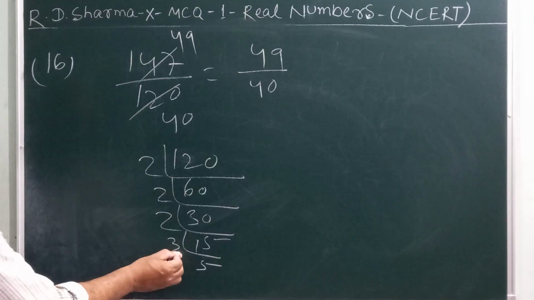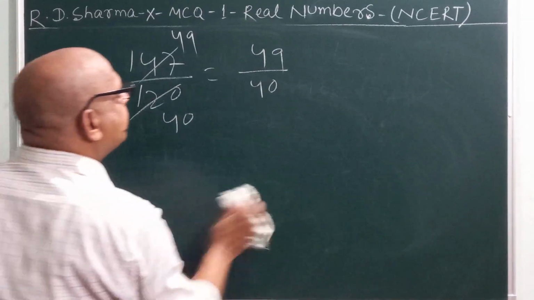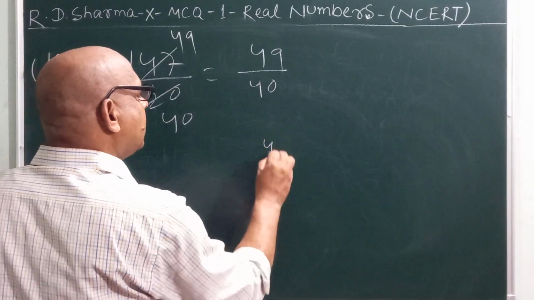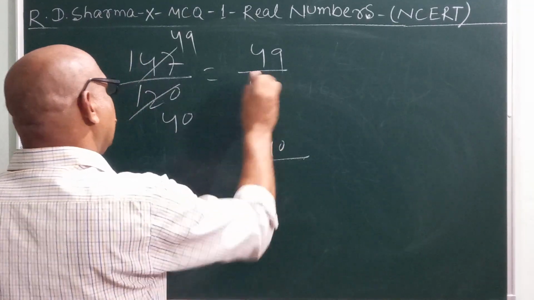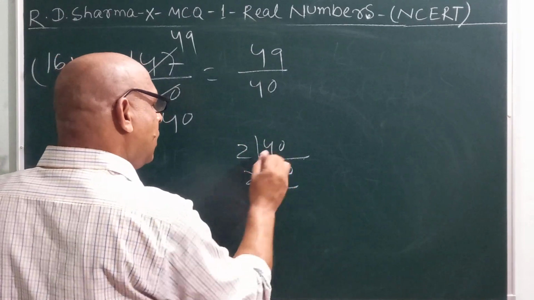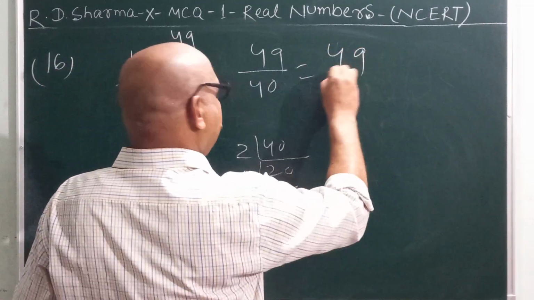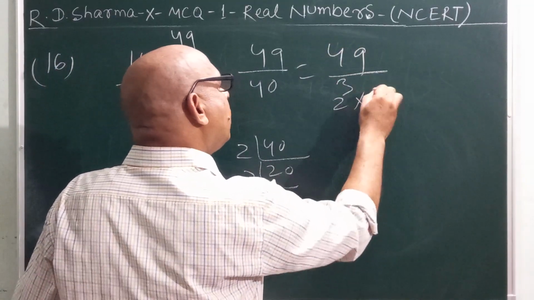Because 3 is a factor of both, we cancel it. Then 40 is 2 cube into 5, so we get 49 by 2 cube into 5.